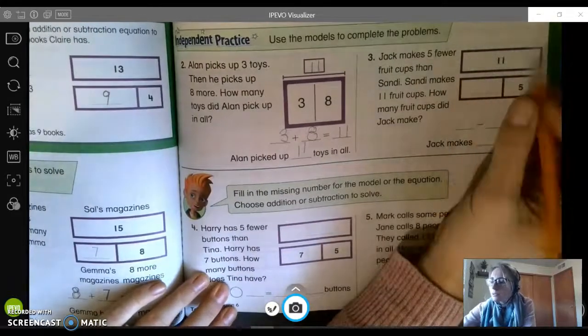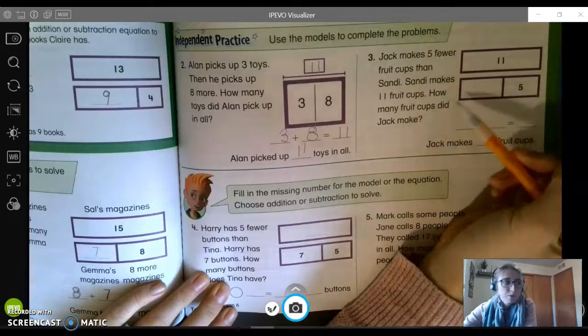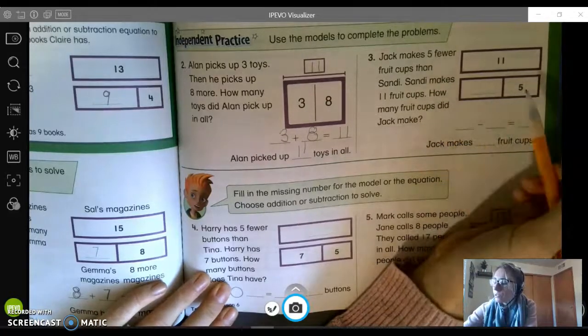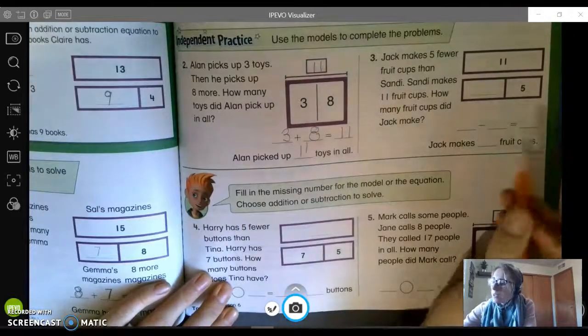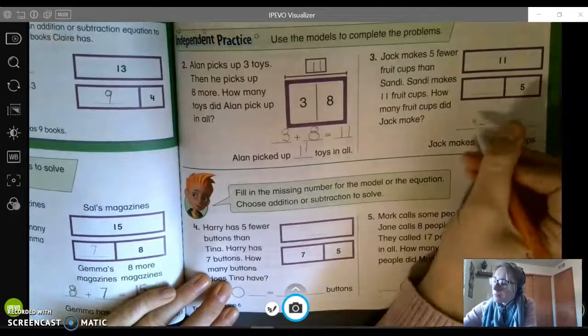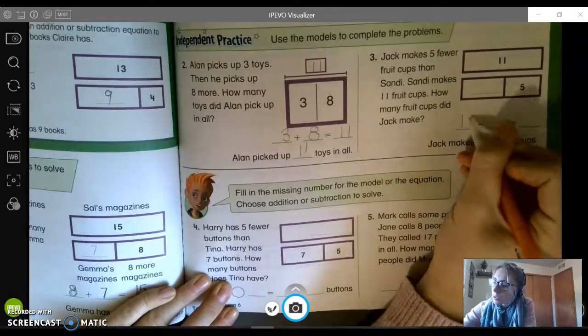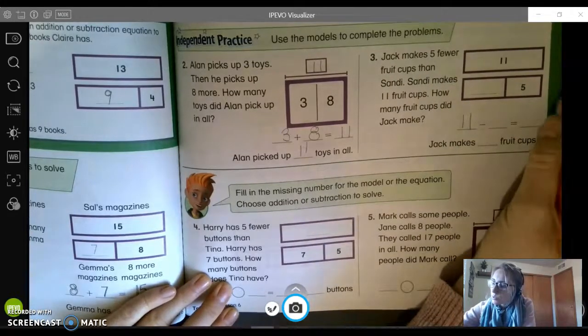So Jack makes 5 fewer fruit cups than Sandy, and Sandy makes 11 fruit cups. How many fruit cups did Jack make? Well, I see minus, so this is takeaway. So always start with the whole for takeaway or subtraction.